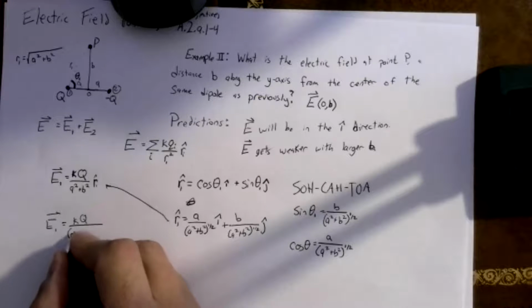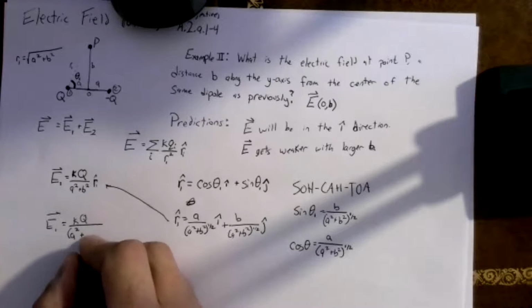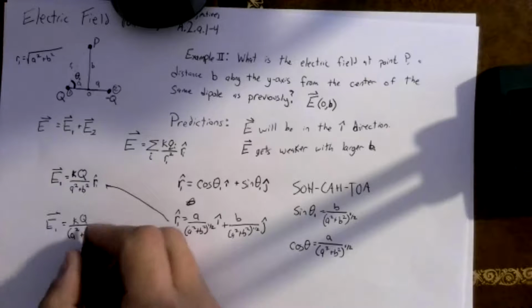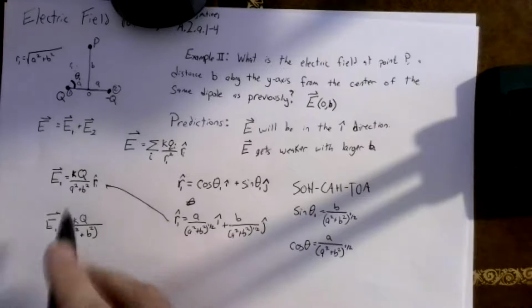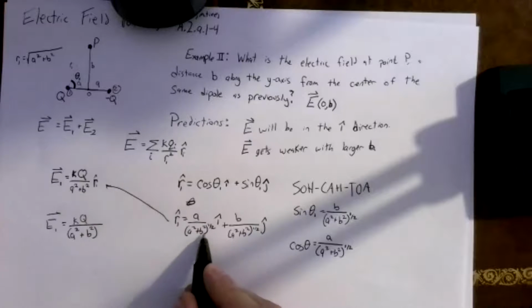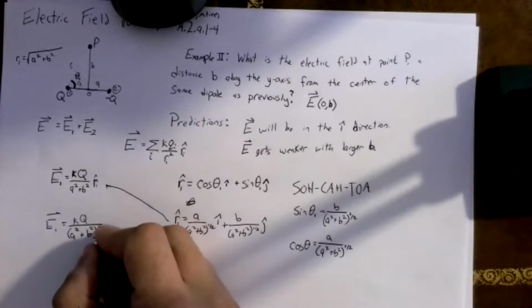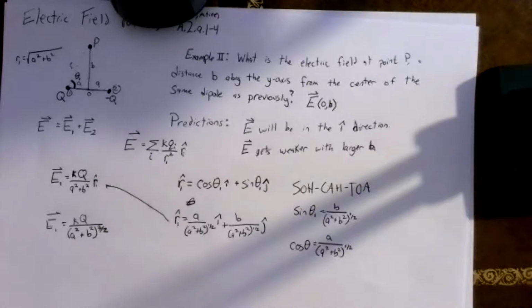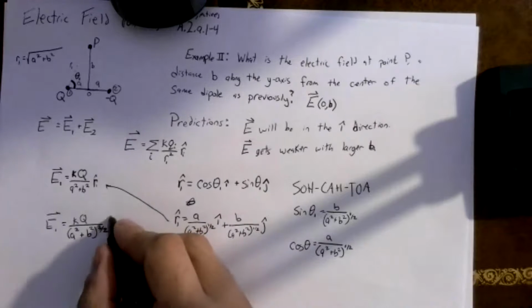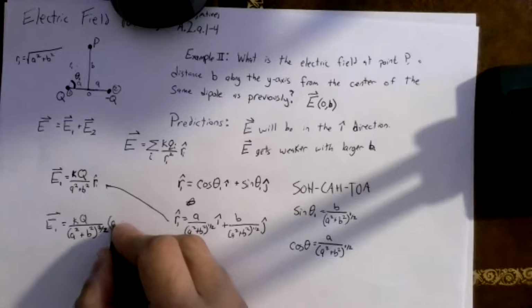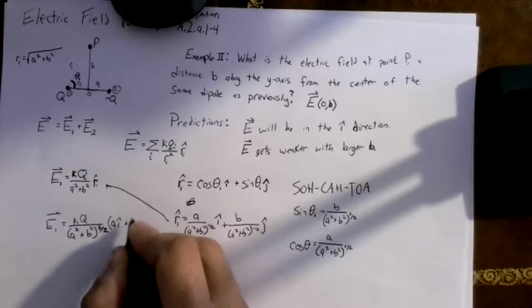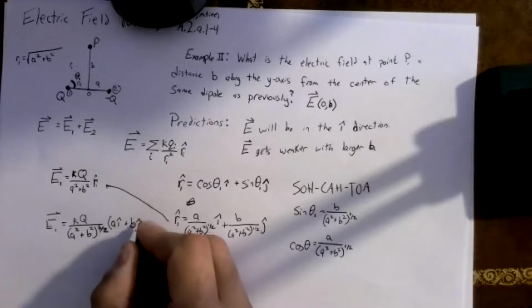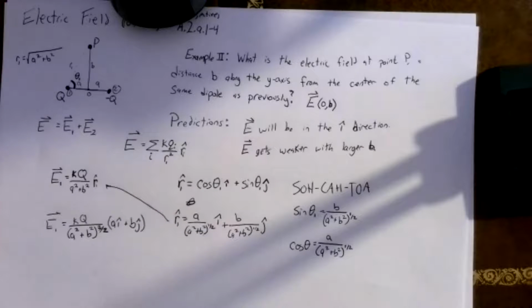So what does that work out to be? To the power of 3/2, right? Because we have this A squared plus B squared times another (A squared plus B squared) to the 1/2. And then what we're left with is A I hat plus B J hat.